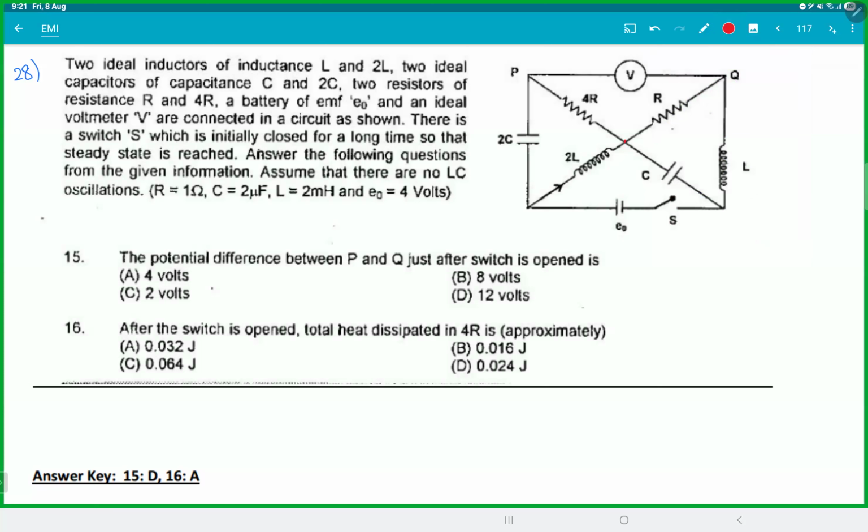These things are connected here. Let's see. I'll explain the question a bit.